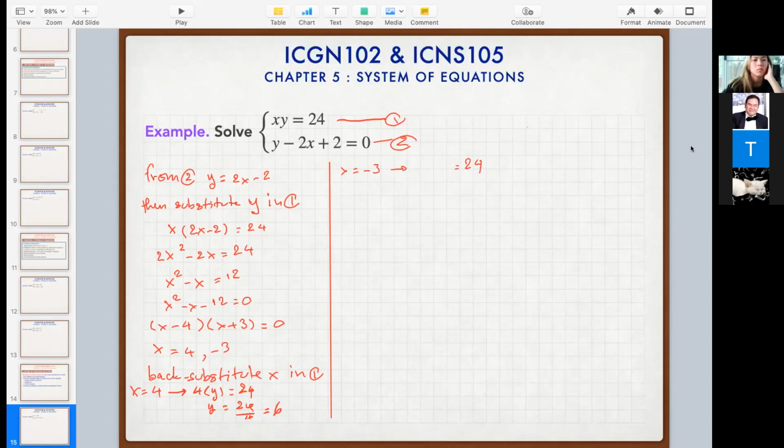Negative 3 times y equals 24, y equals 24 over negative 3, then y equals negative 8.